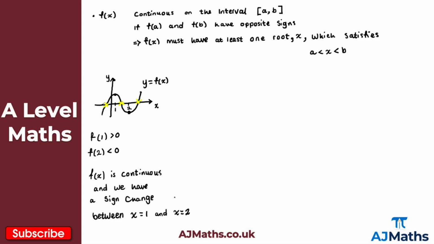What this tells us is we have a root between 1 and 2. From the diagram that sounds quite obvious. It's clear to see that we have a root between 1 and 2, but using the sign change allows us to locate roots for more complicated functions.